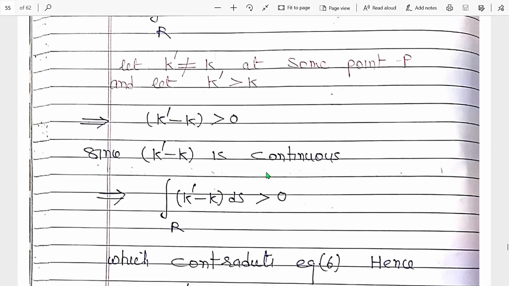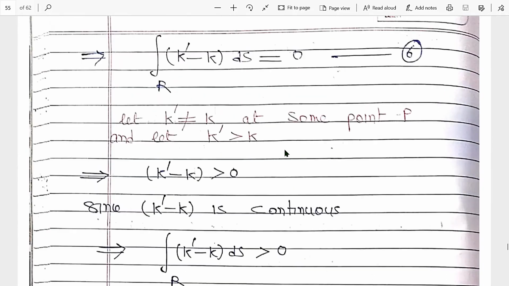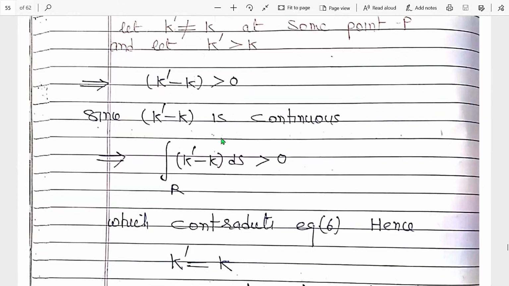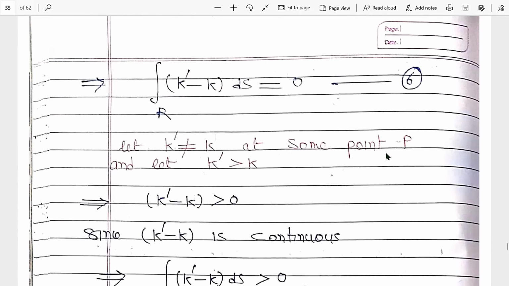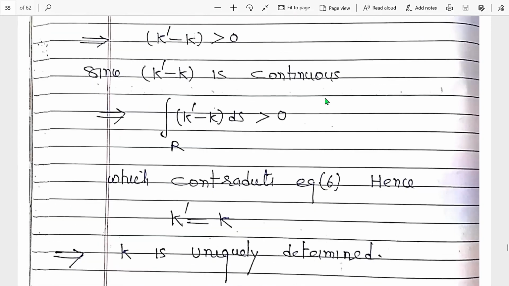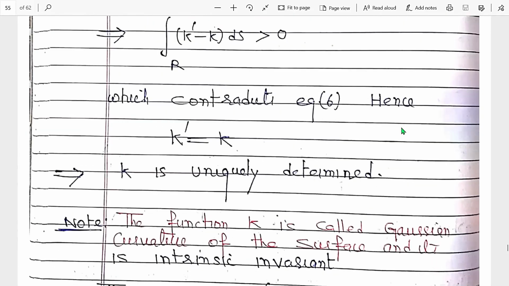Also we know that it is continuous. If it is continuous, then the integration is also greater than 0, which contradicts equation number 6, because this integration is 0. Then our supposition is wrong. If our supposition is wrong, then K dash minus K is equal to 0, and K is uniquely determined.